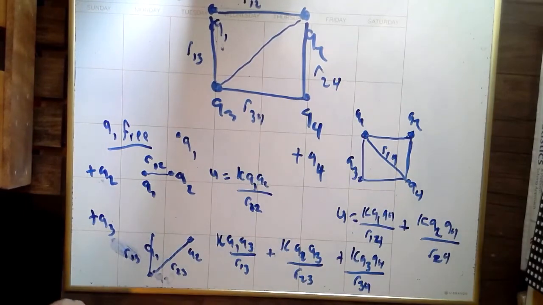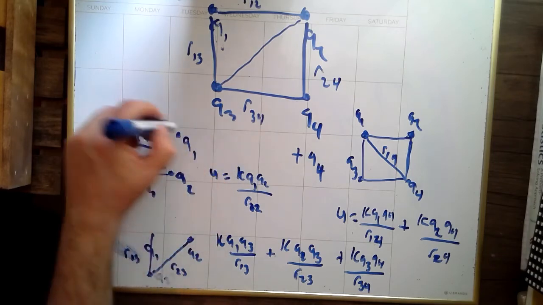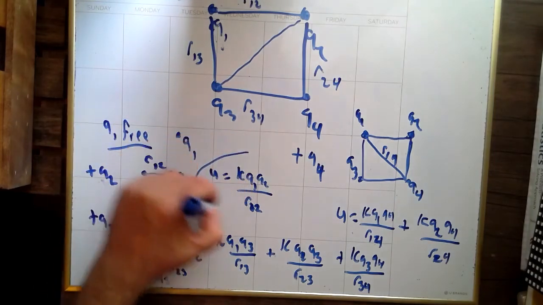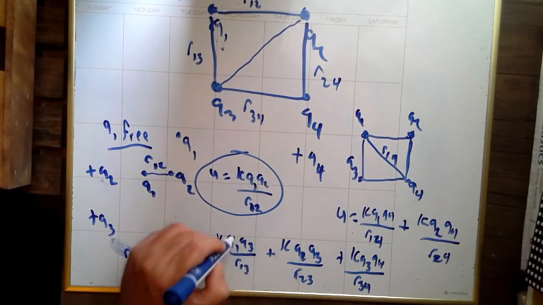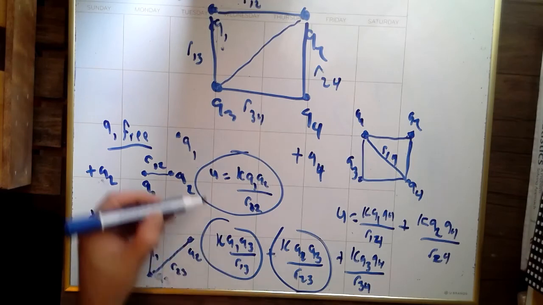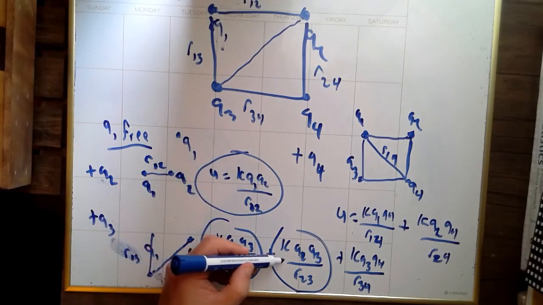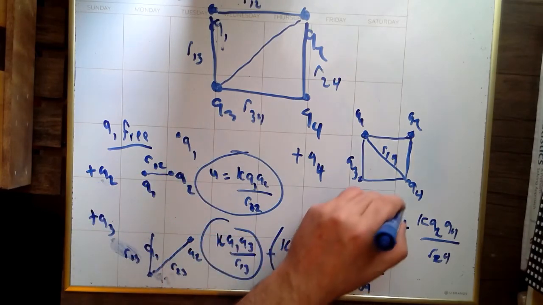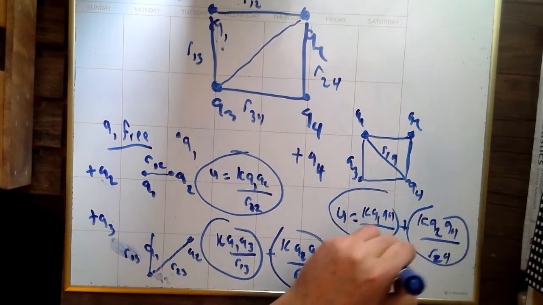So the total energy for getting all four of these charges together, I would have to add up. Q1 was free. There's the first. Plus these two. That was to get Q2 in. Two more to get Q3 in, plus three more to get Q4 in.